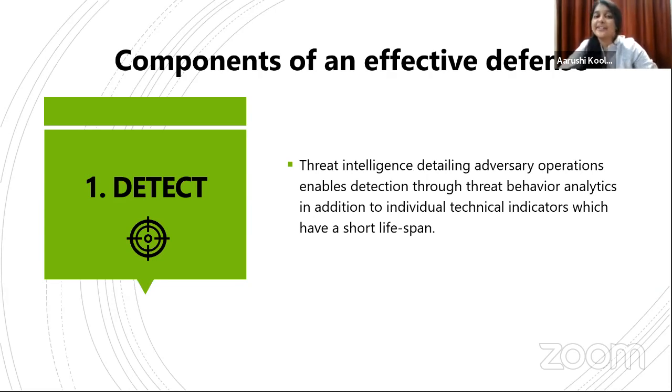This is how we detect a threat, right? We look after all the technical indicators which have a short lifespan. We have details of the attacker's operations, and we detect all the types of attacks that we can see in our arena.